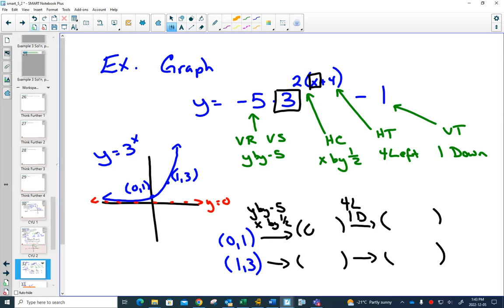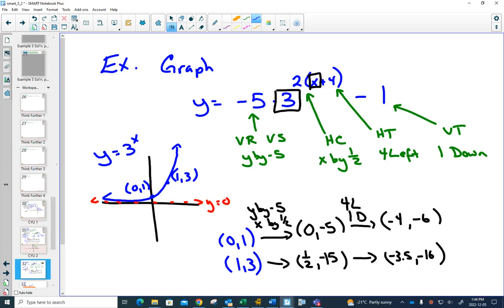This will be 0, negative 5, and 1 half, negative 15. 4 to the left, negative 4, negative 3.5, 1 down, negative 6, negative 16.